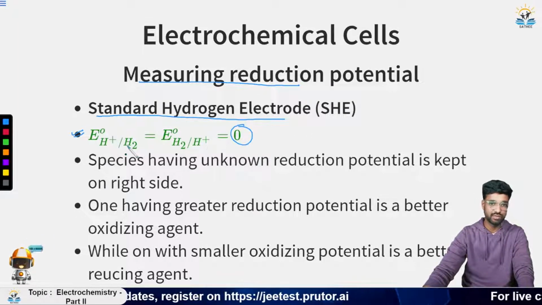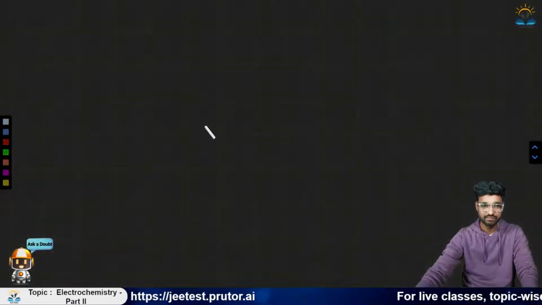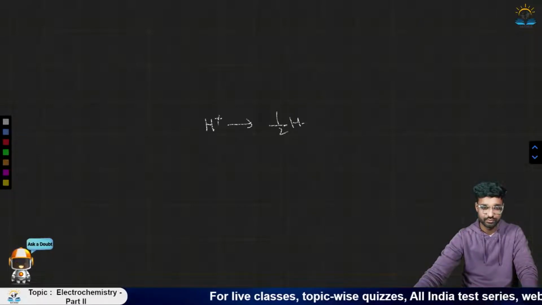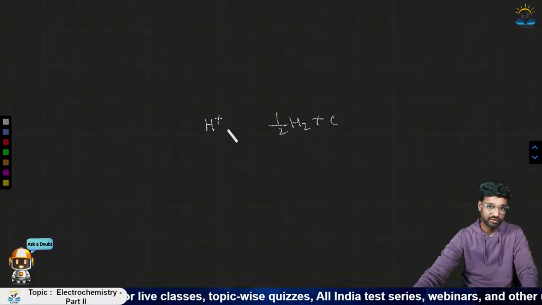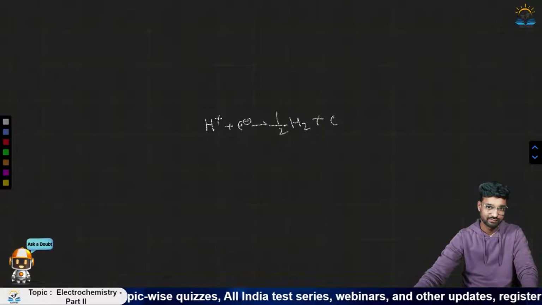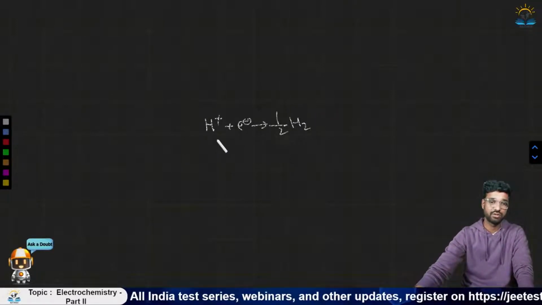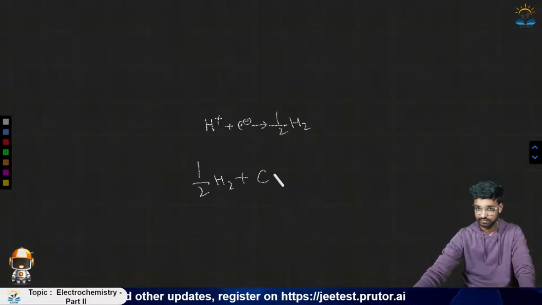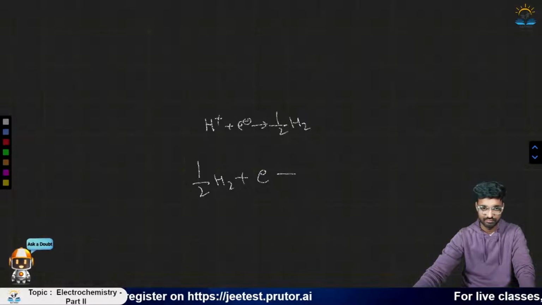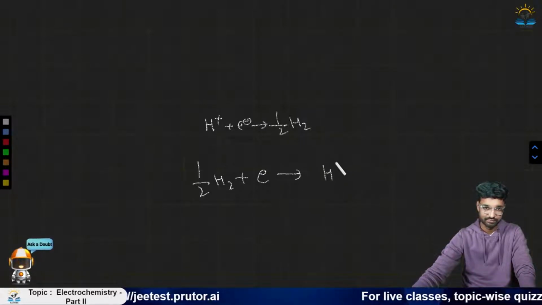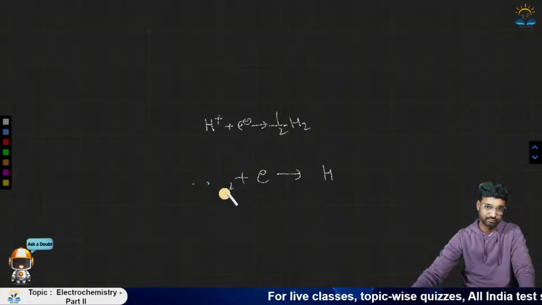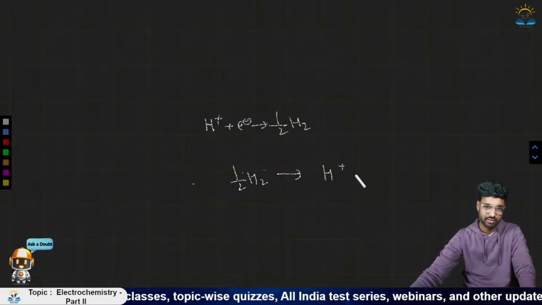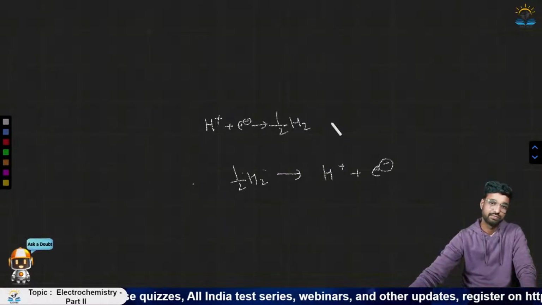If we are going from H plus to half H2, suppose we have an equation where H plus goes to half H2, taking one electron here, or either this equation or the reverse, half H2 going to H plus plus one electron.